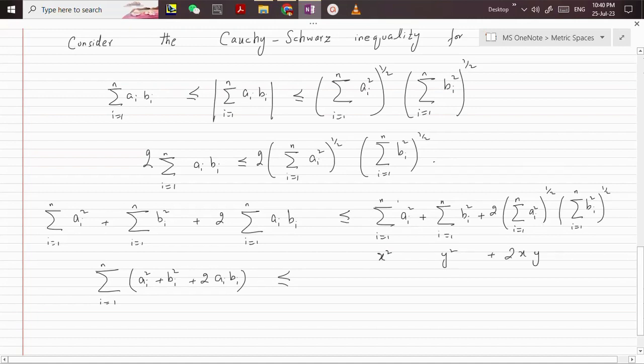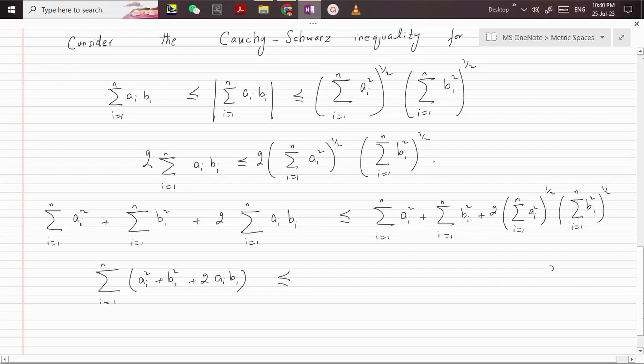What is x? X is root of summation i from 1 to n ai square, and y is root of summation i from 1 to n bi square. I think it is not so difficult to understand here, because you just apply the formula.